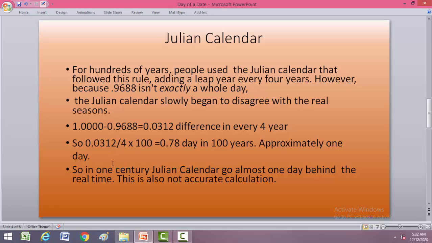So in 25 four-year periods, that is in a century, 0.0312 times 100 by 4, we get 0.78 day in 100 years, approximately 1 day. So in 1 century, the Julian calendar goes almost 1 day behind the real time. This is also not an accurate calculation.